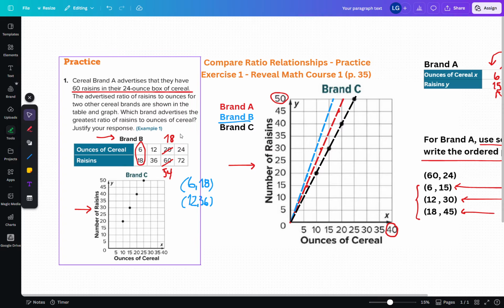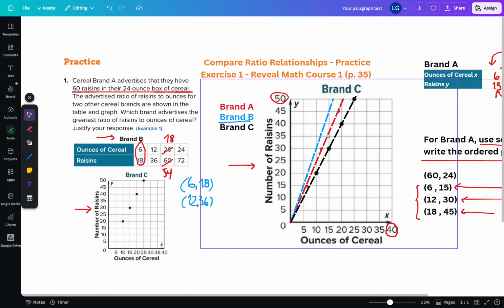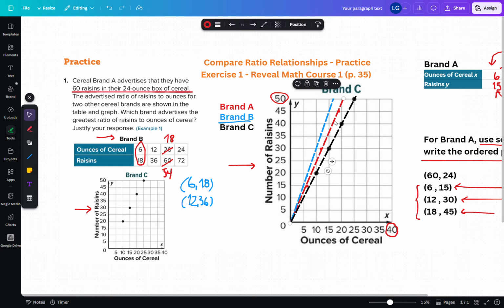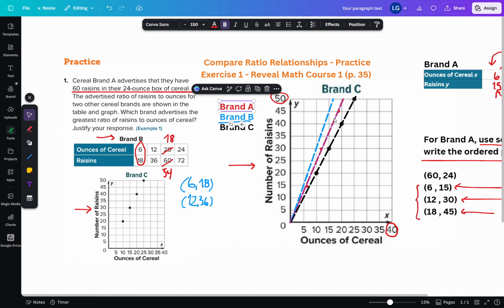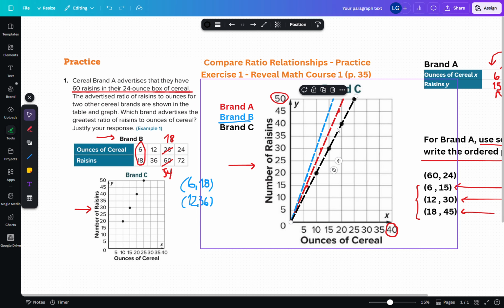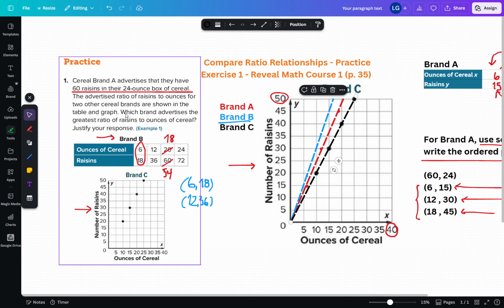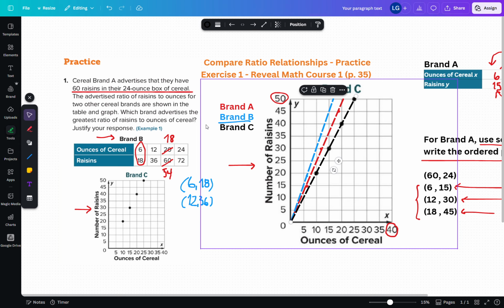So if you notice, we can now answer the question, because the graph for the brand B is the steepest, and then the graph for the brand A, the red one, is steeper than the graph for brand C. So we can now answer which brand advertises the greatest ratio of raisins to ounces of cereal.